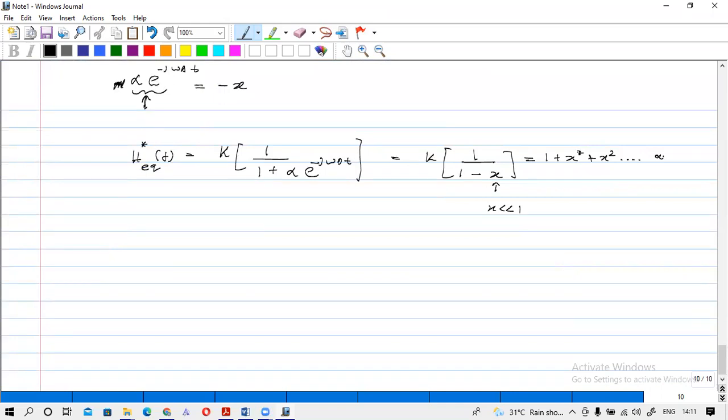So this is x1, x2, x3, and so on. Here x is equal to minus alpha e to the power j omega delta t.